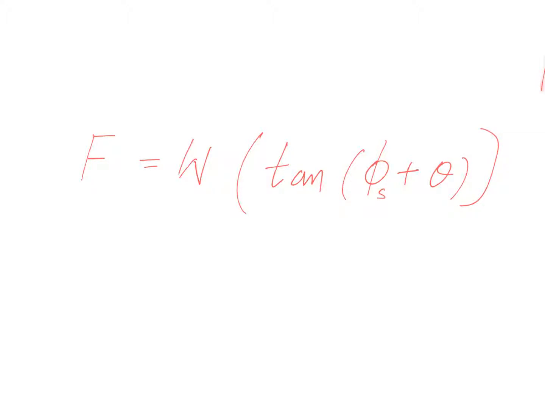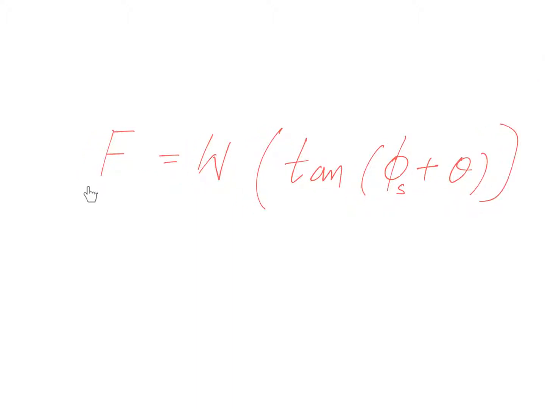Now, if we work out an example with numbers, we will get to know that this F, the minimum force required, will be less compared to W, which is the weight of the object. I will just draw your attention.